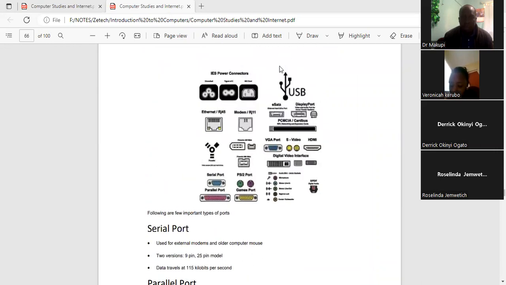So these ones are a visual representation showing you some of the common ports that we have in a computer. The USB, Universal Serial Bus. There is also serial port, display port, you see, VGA, HDMI, many others. Parallel, many others. These ones are examples of ports that we have in a computer.